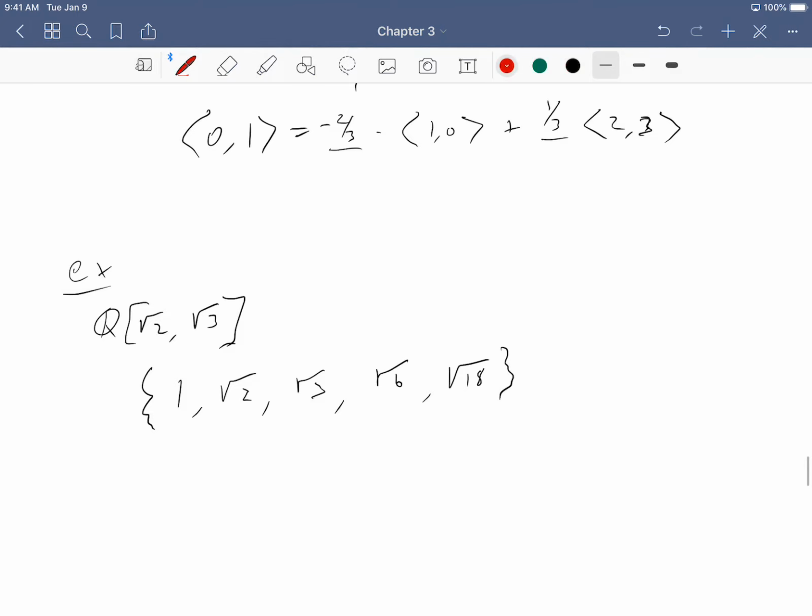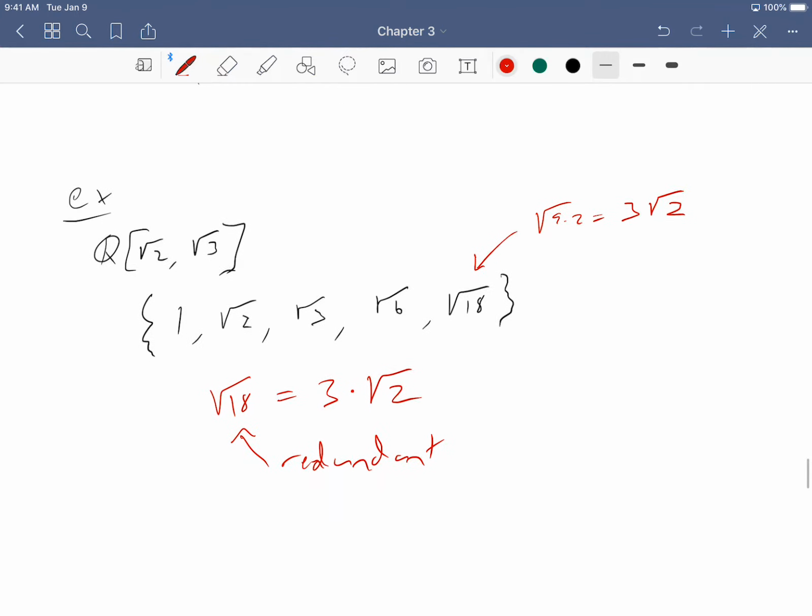So you may already be yelling and saying, oh, root 18, but that's root 9 times 2, which is just 3 root 2. And so root 18 is redundant. It's 3 times one of our building blocks already, right?